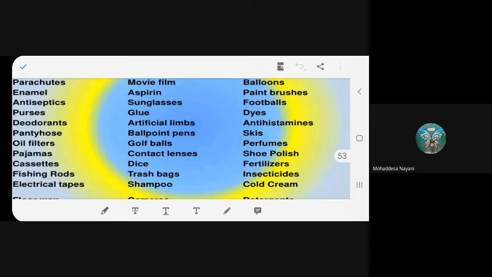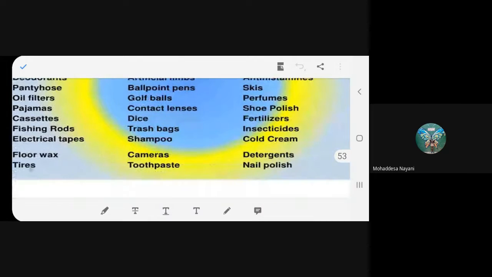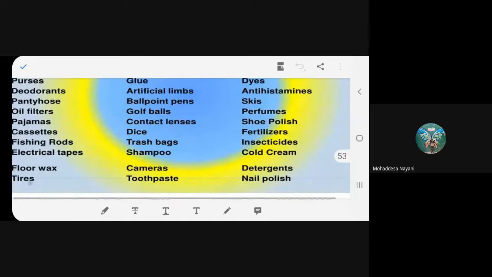Rods, it is not roads, it is rods. Fishing rods. Then electrical tapes. Then floor wax, tires.